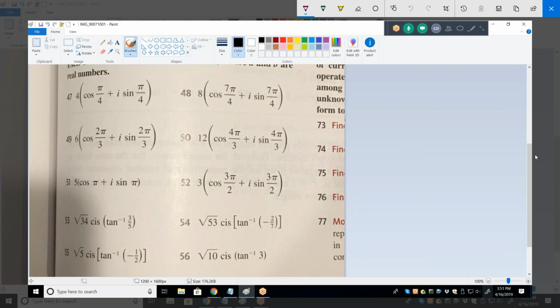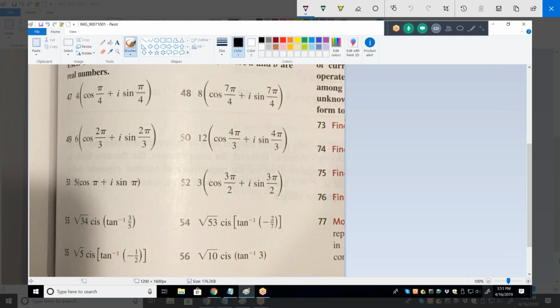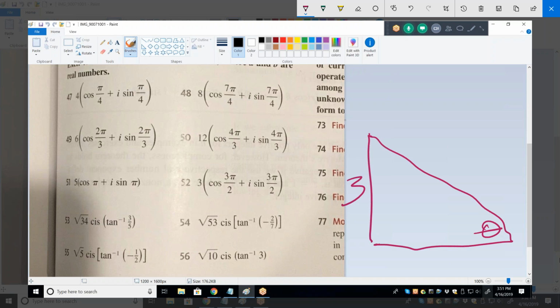We were right at the triangle with sides 3 and 5. And we had just found the hypotenuse. I had asked you for the hypotenuse. What was it? Root 34. Okay, that's where we lost the audio. I never heard that answer.